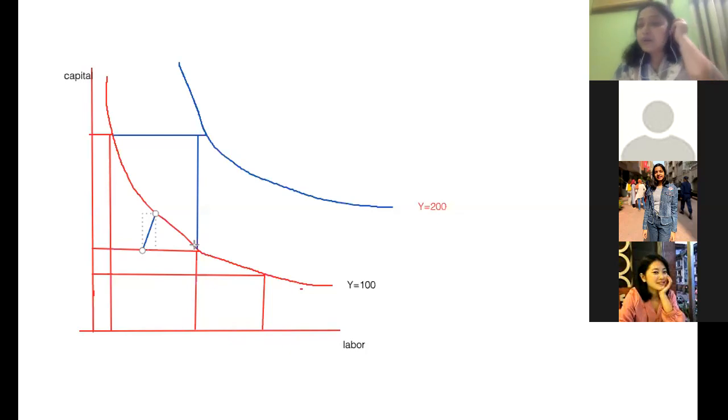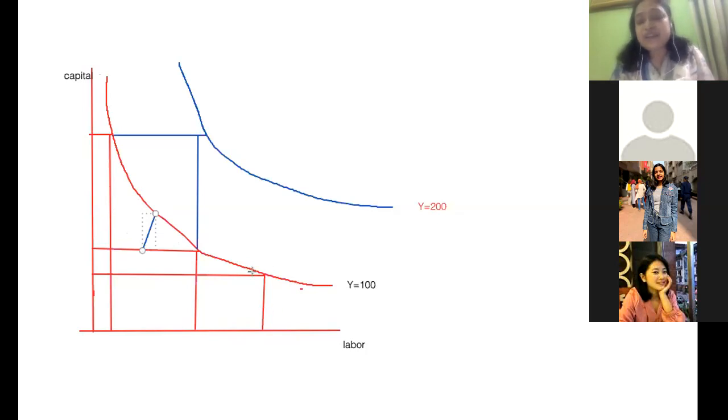Because it's a curved line, the slopes are different at each point, and the slope reflects how you are switching between capital and labor, depending on which section of the isoquant you are in. If you're in the steeper part, you are willing to sacrifice a lot of capital to increase labor by a little bit, okay?